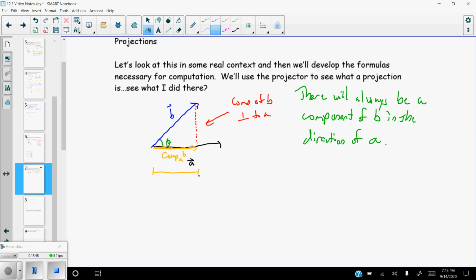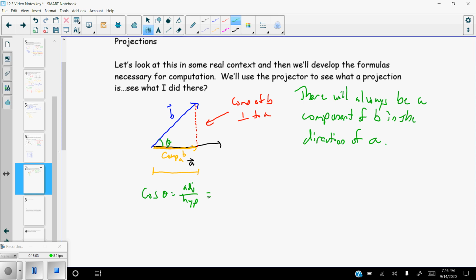So let's see how we come up with these things. The first thing is, you can see that we formed a right triangle. What I know is that the cosine of theta is the adjacent side over the hypotenuse.